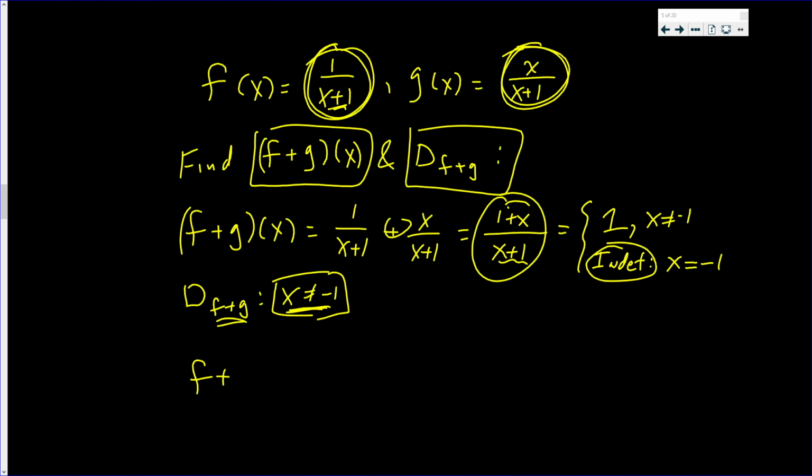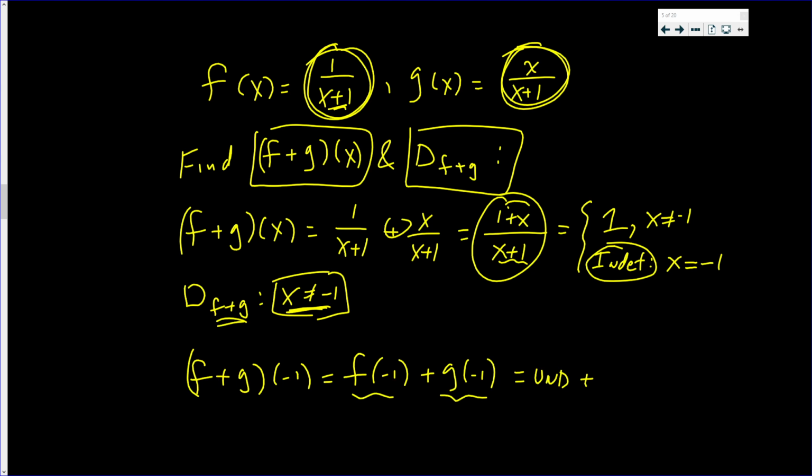Okay, f plus g of -1, this is f of -1 plus g of -1. F of -1 is undefined. G of -1 is undefined.